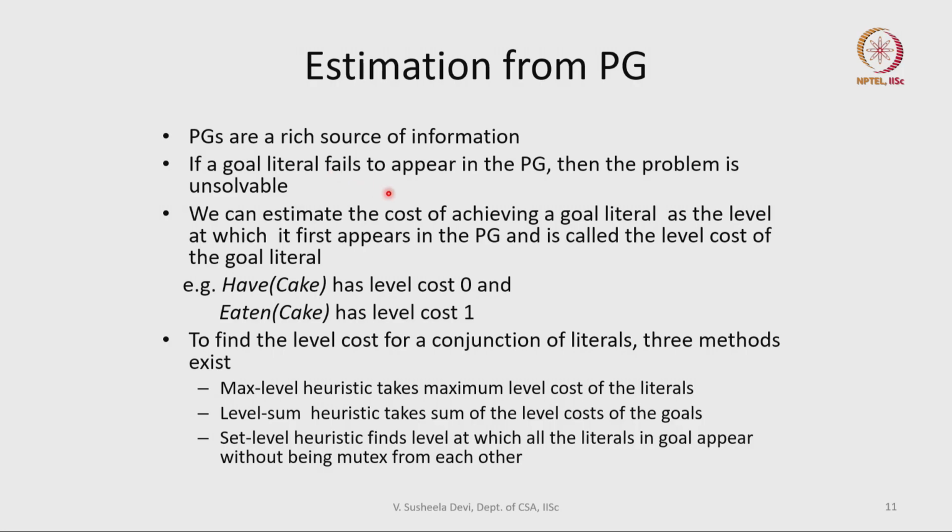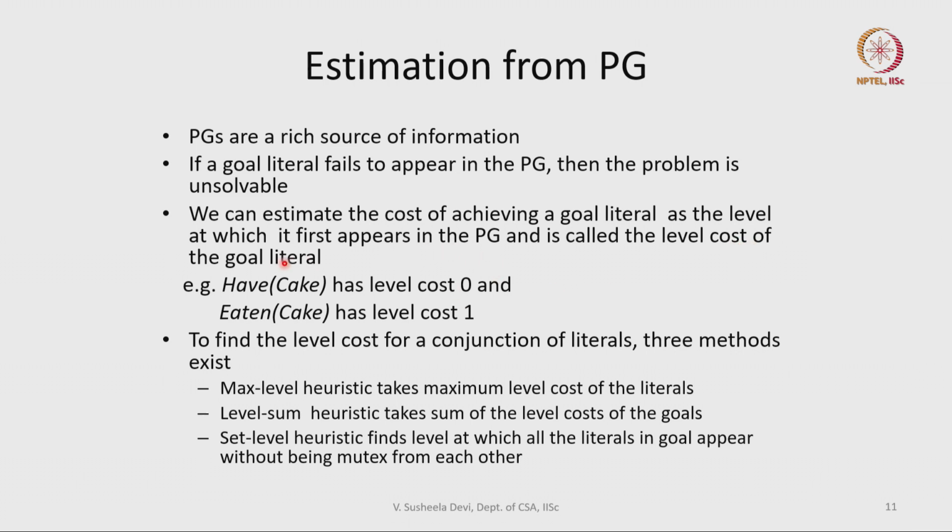With the actions that you have, you are not able to satisfy the plan that you have. And we can also estimate the cost of achieving a goal. So for all the literals that you have in your goal state, you see at what level it first occurs. This is called the level cost of the goal literal, the first time it appears.